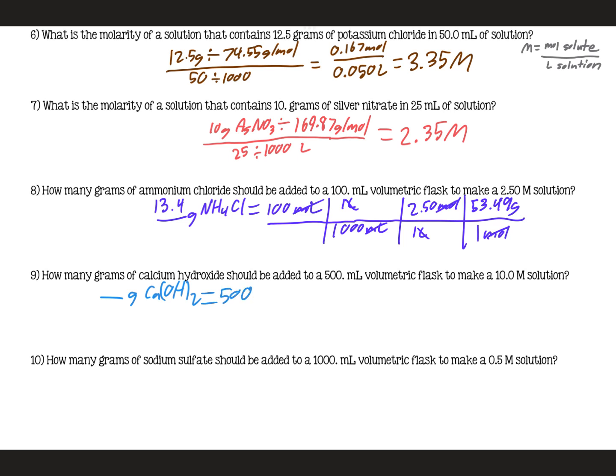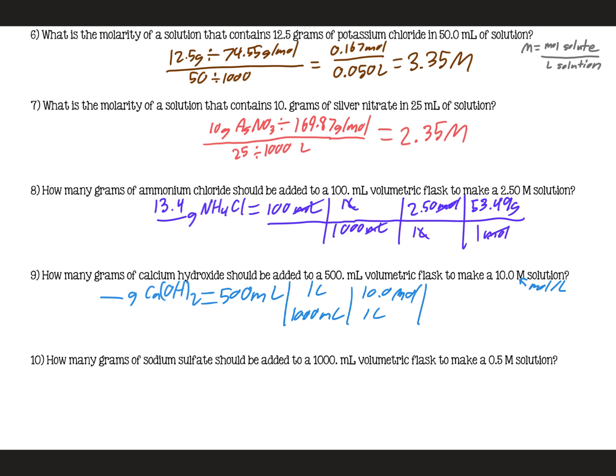500 milliliter volumetric flask to make a 10.0 molar solution. So we'll start with 500 milliliters. We know that 1,000 milliliters is 1 liter. We also know from 10.0 molar that there are 10.0 moles in 1 liter.